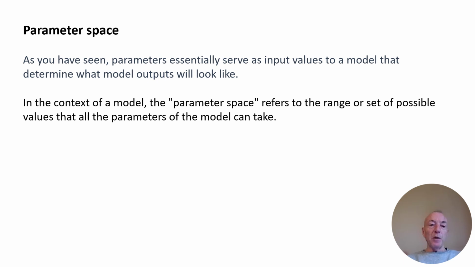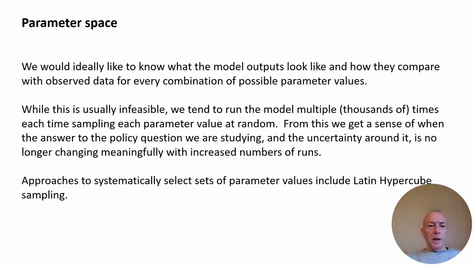So as you've seen, parameters, along with the variables, essentially serve as input values to a model that determine what model outputs will look like. In the context of a model, the parameter space refers to the range or set of possible values, permutations of values, that all of the parameters in the model can take. Now, we would ideally like to know what the model outputs look like and how they compare with observed data for every combination of possible parameter values.